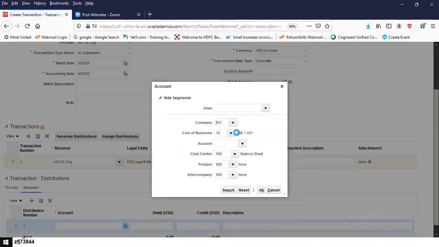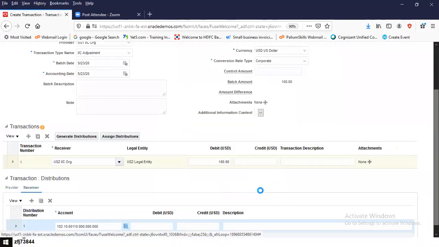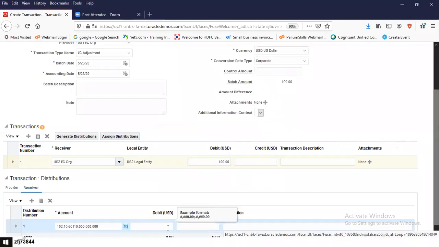So in this particular case, the opposite entry would be passed. In this case, the 102, and the corresponding debit.